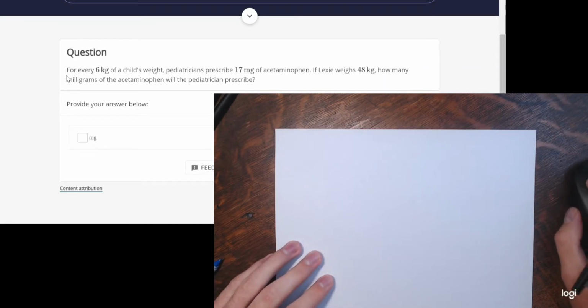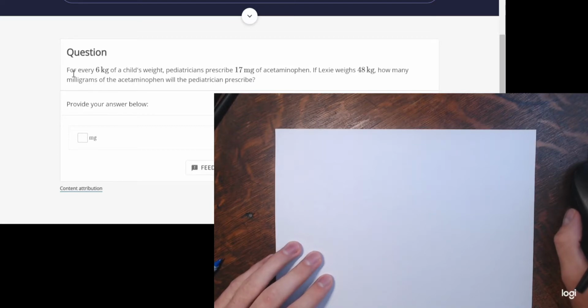It says here, for every 6 kilograms. For every is like per. Miles per gallon, that's so many miles for every gallon. Miles per hour, so many miles for every hour. Dollars per gallon, it costs so much money for every gallon.